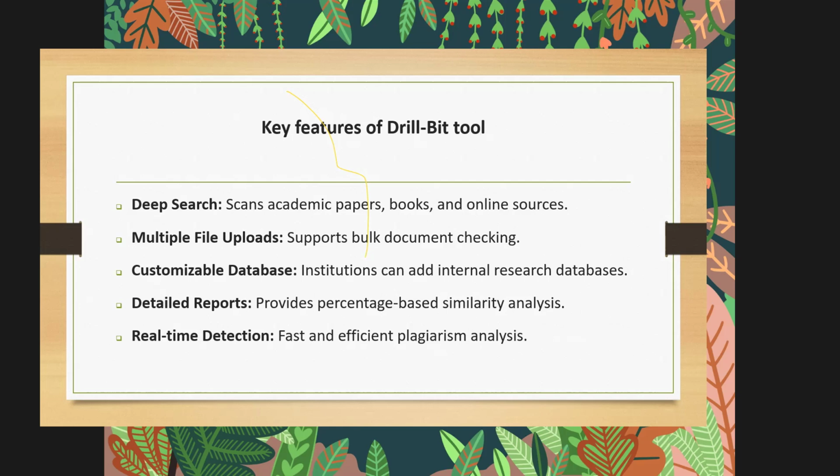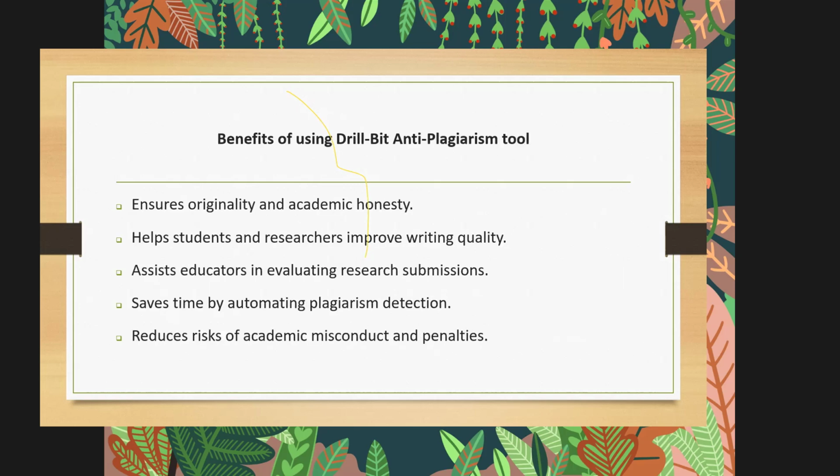Customizable database: institutions can add internal research databases. Detailed reports: it will provide a percentage-based similarity analysis. Real-time detection: it is fast and efficient plagiarism analysis. What are its benefits? It ensures originality and academic honesty.